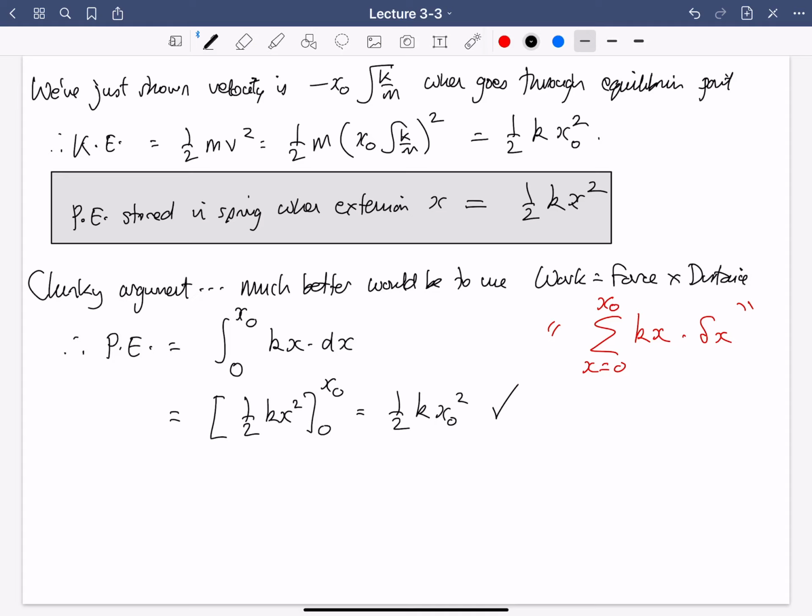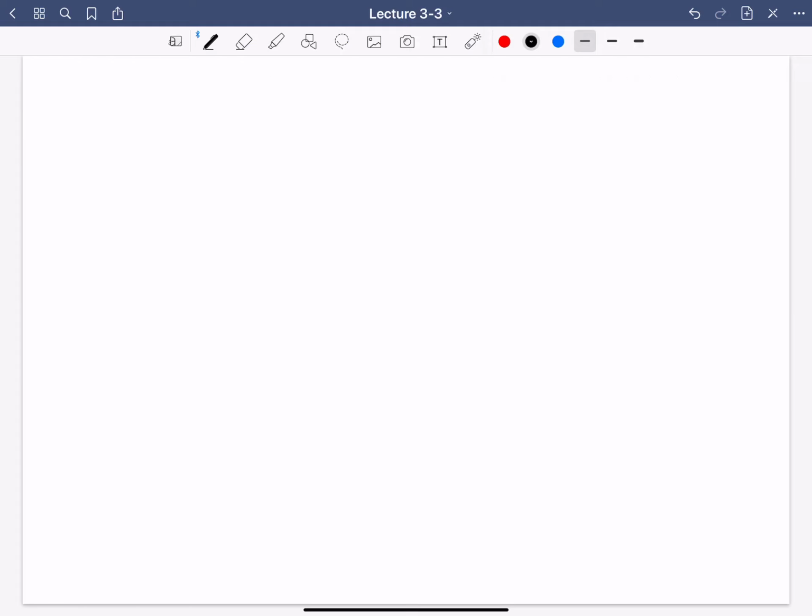Okay, that's excellent. Let's see if we can do one more thing today. So I gave you F equals ma, which is Newton's basic law of motion, so this is Newton's law.